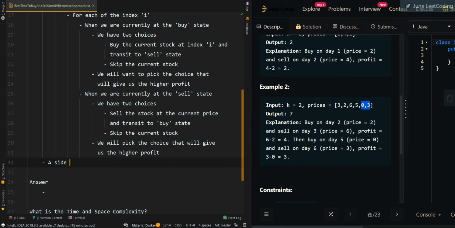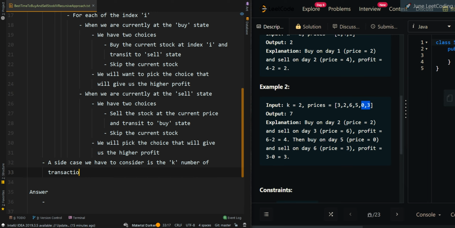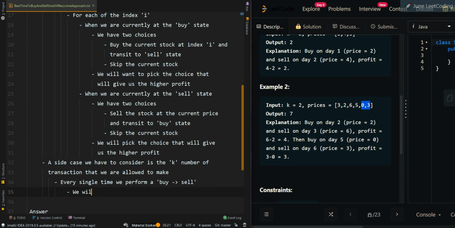A side case we have to consider is the k number of transactions that we are allowed to make. Every single time we perform a buy and then sell, we will need to decrement the number of transactions.